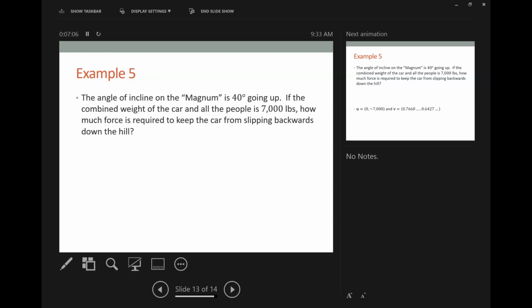So this is asking about 3 forces, right? We have the angle of incline for the ramp. That is one vector. It says if the combined weight of the car and its people is 7,000 pounds, that's our second vector. And then it asks how much force is required to keep the car from slipping backwards down the hill.